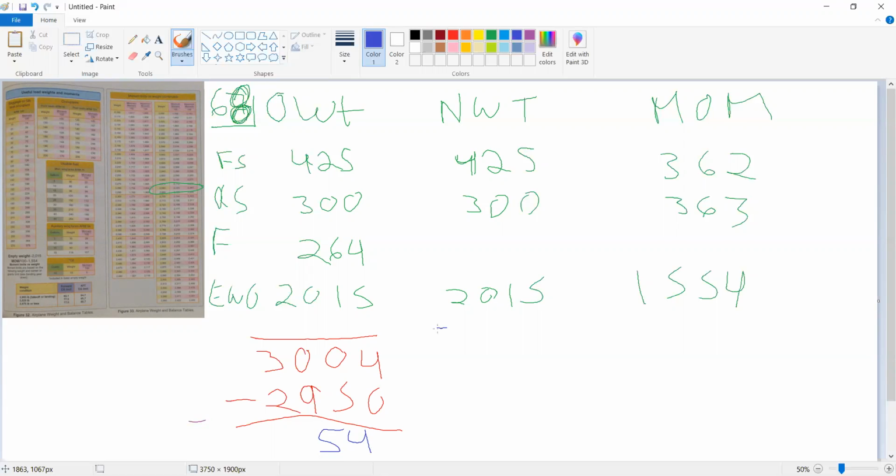So this means the new weight should technically equal 2,950. So what will the fuel be to get that? It would be exactly that, so that's what we need to adjust. The adjusted fuel to make this plane airworthy is 54.